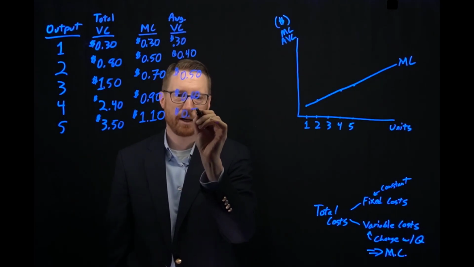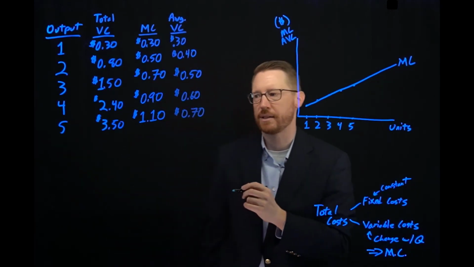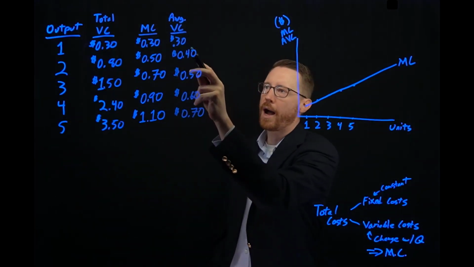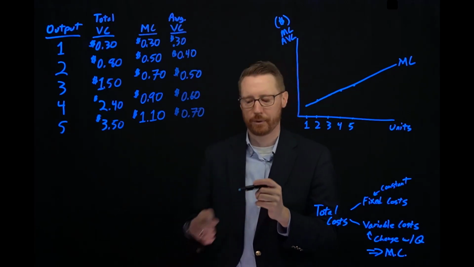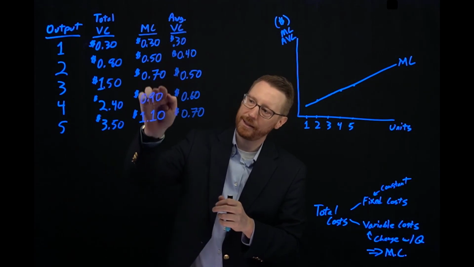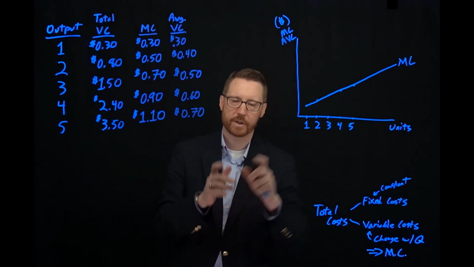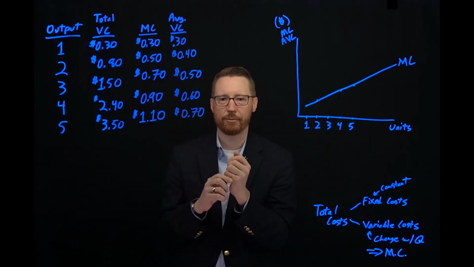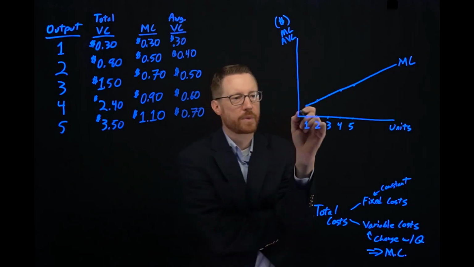On average, it's 70 cents. So why is the average variable cost increasing but at a slower rate than the marginal cost? Let's graph it and then we'll come back and think about it for a quick second.